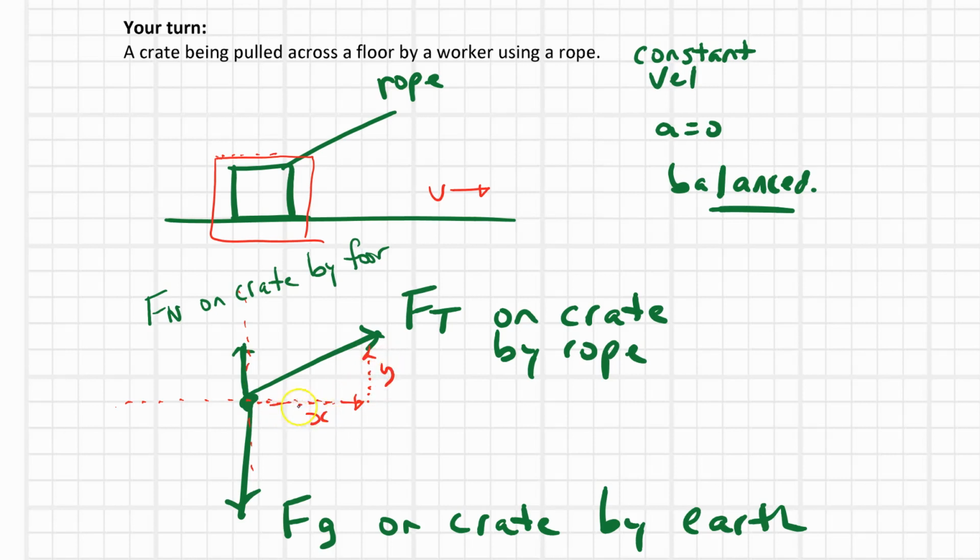There must be some force that's got to balance that x to the right. And that force, when you think about it for a while, because it's sliding across the floor, is a friction force. So I'll draw the friction force. This Ff is going to be on the crate by the floor. Now when we think about the fact that it is balanced, maybe I'll use nice big ticks here.